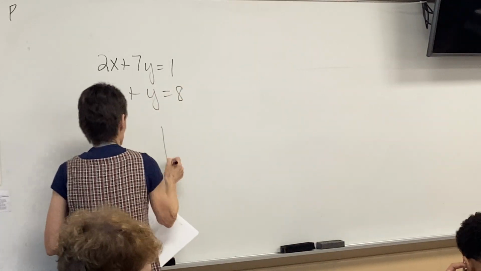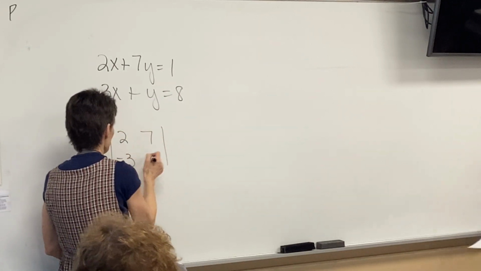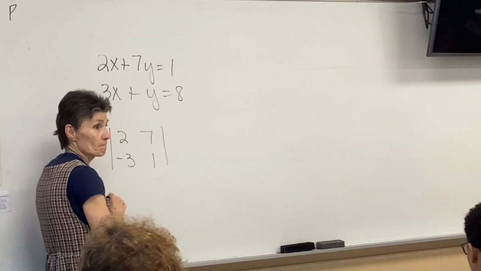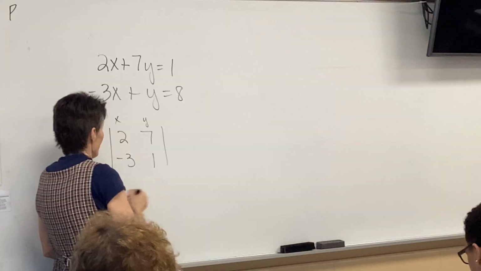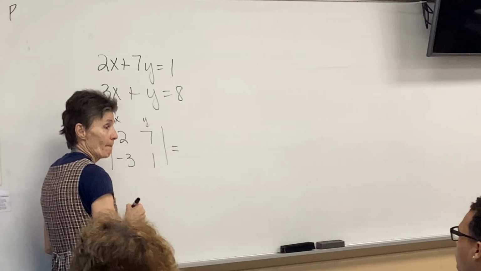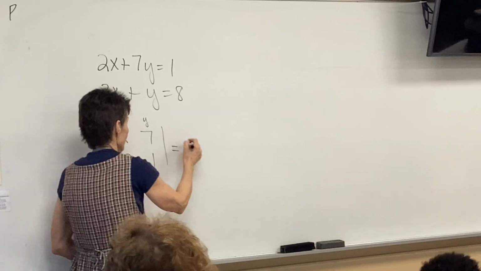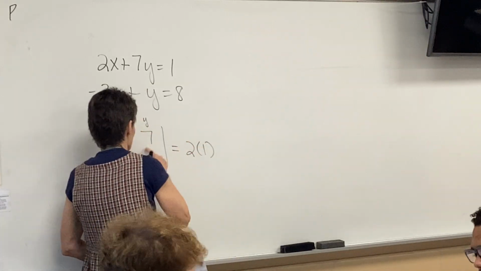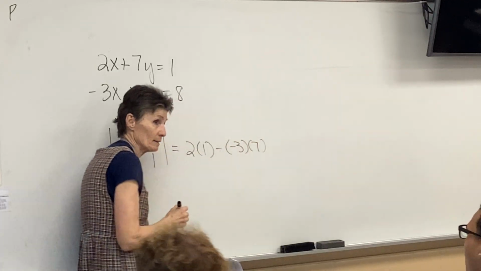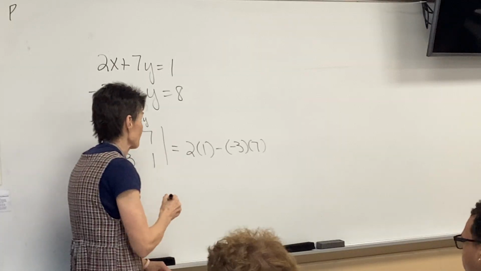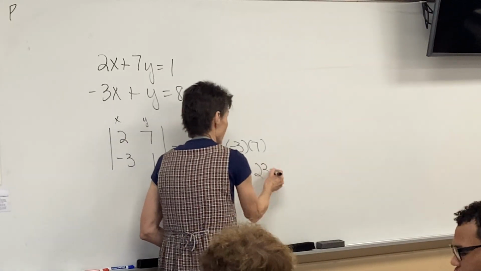From the determinant of the coefficients, so that's 2, 7, negative 3, 1, right? The x's and the y's. And how do we evaluate that? 2 times 1, negative 3 times 7, and we subtract it. 2 plus 21, so 23.